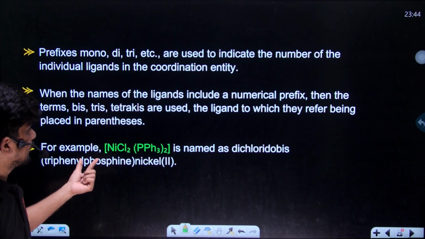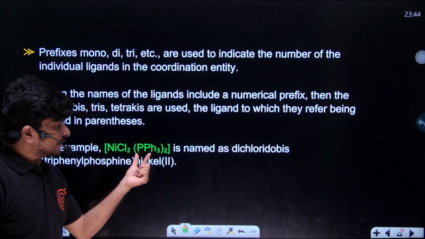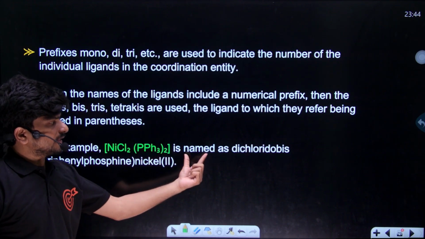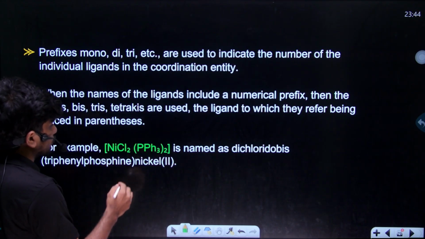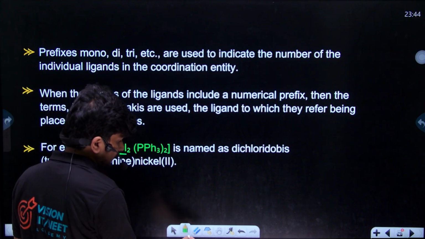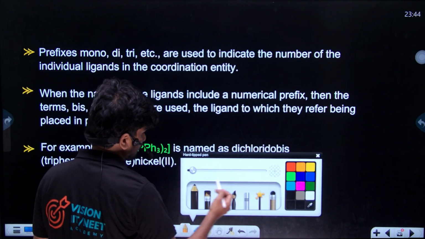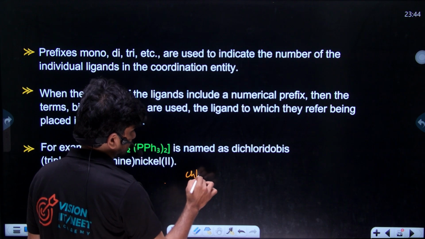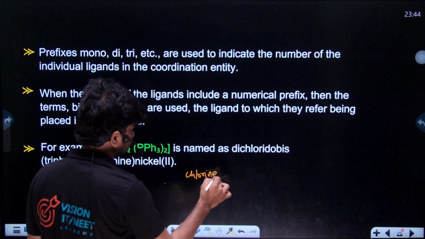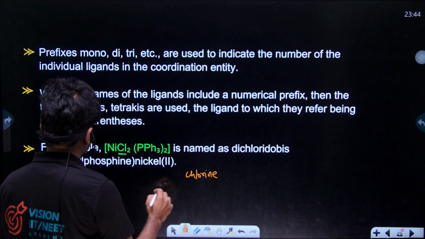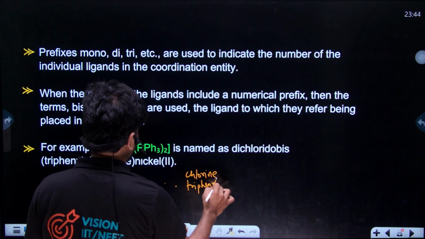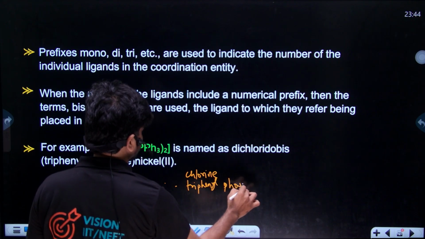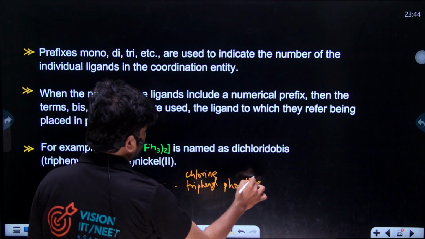For example, NiCl2(PPh3)2. So how do you write this? Identify the ligands present in this. First is chlorine. Next is PPh3, which you write as triphenylphosphine. Now, which comes first?